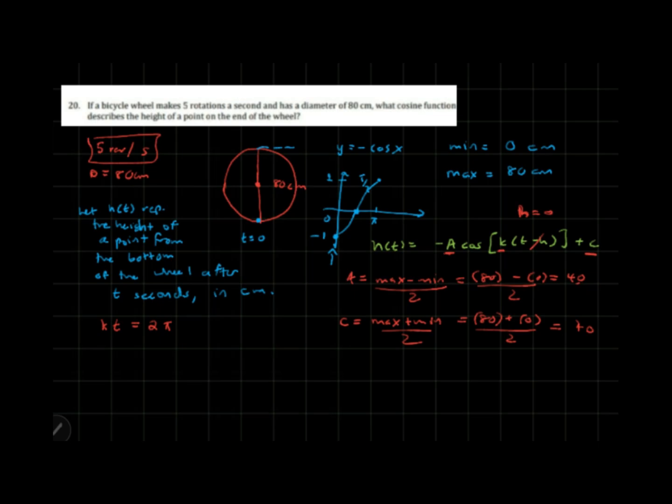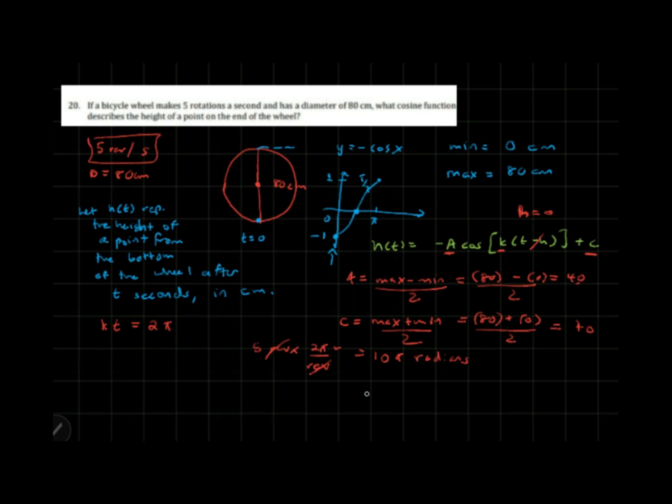So if we have 5 revolutions a second, at 2 pi radians per revolution, that's 10 pi radians. So 5 revolutions is 10 pi radians in a second.